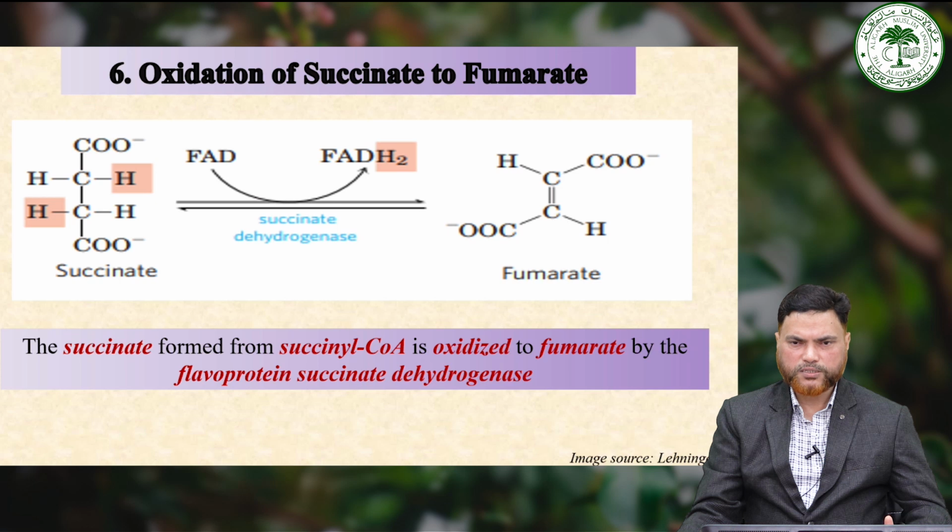In addition to this, succinate dehydrogenase is a dimeric protein composed of subunits with molecular masses ranging from 70 to 30 kilodalton. The larger subunit is covalently linked to the cofactor FAD, and the enzyme contains non-heme iron.